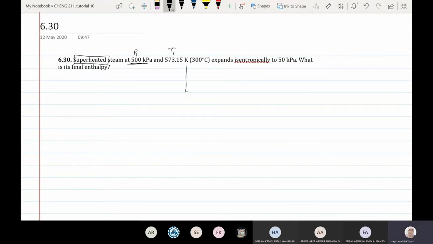So the process, if we would need to draw the PV diagram, is simply an expansion process, and it is isentropic. So I would just write here isentropic. Now keep in mind that since it was written isentropic, I know that delta S is equal to 0, right? The initial temperature and initial pressure were given, and the final pressure is also given as 50 kilopascal.